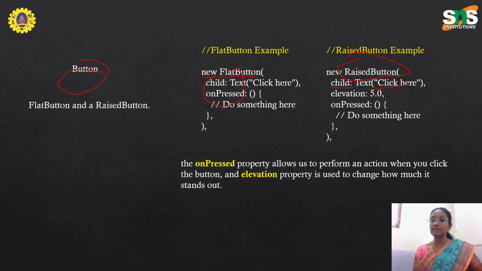If I press that particular click here text, the elevation property changes to 5.0 and it stands out. The on pressed property allows performing an action when you click your button. The elevation property is also used for changing how much it stands out. That is the difference between the flat button and the raised button.